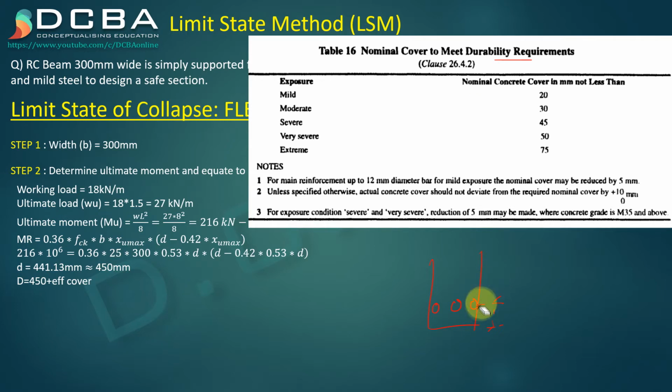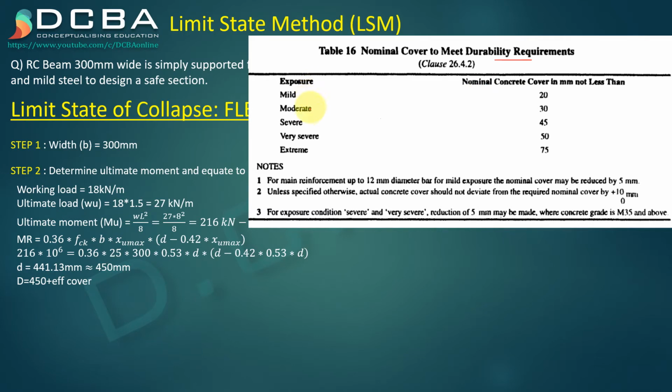Steel can get corroded because of ingress of water. Ingress means water going towards the steel. So we have to make this path, from the steel to the bottom of concrete, as long and as difficult as possible for the water to reach the steel. That is what we mean by durability requirements.